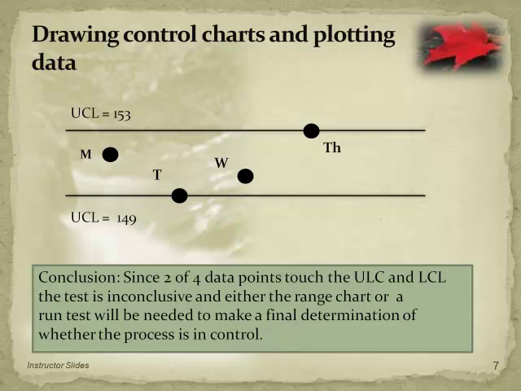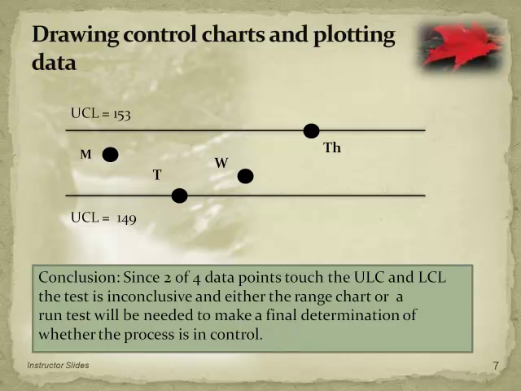And the data that I'm going to plot is the X bar data. So the X bar data for Monday, and then Tuesday, and then Wednesday and Thursday. Now, there are some students who get confused when they get to this point in doing control charts.